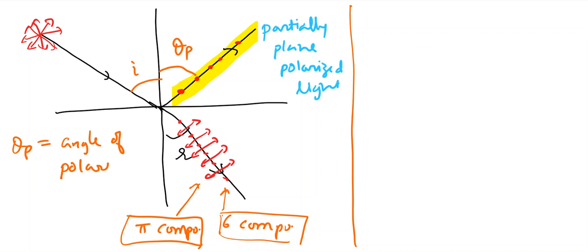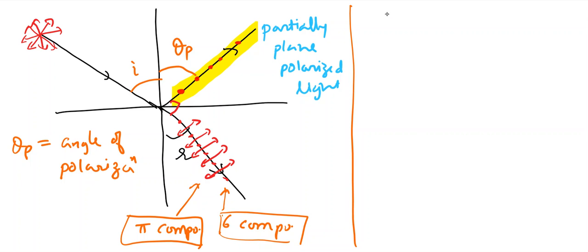You can also say it is the polarization angle. Later, Brewster could derive a relation between the refractive index of the transparent medium and the polarization angle. Experimentally, it can be shown that these two are at 90 degrees.